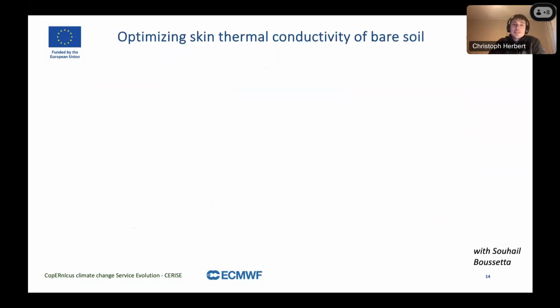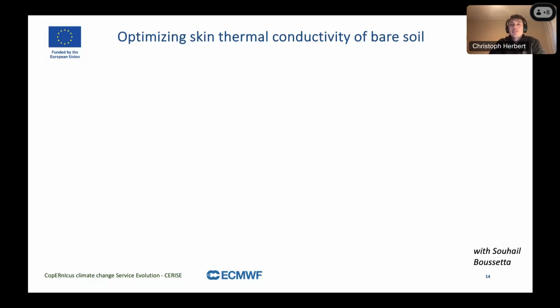Having this in mind, and what I was saying before, that most of the regions are over bare soil areas where we have hardly any vegetation, that made us try to optimize the skin thermal conductivity of bare soil. When we update the land, especially the uppermost level of the soil temperature, there is a coupling between that soil temperature and the skin temperature.